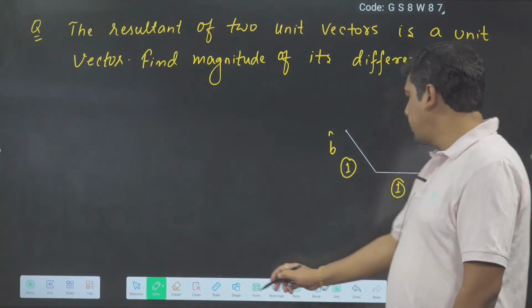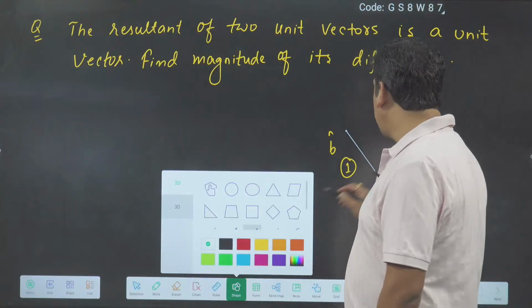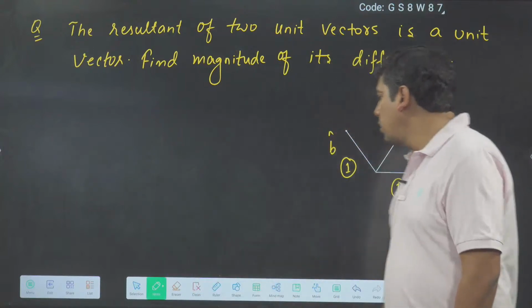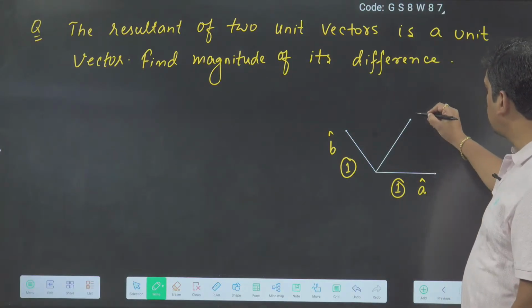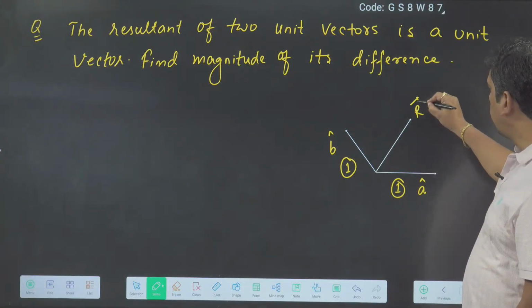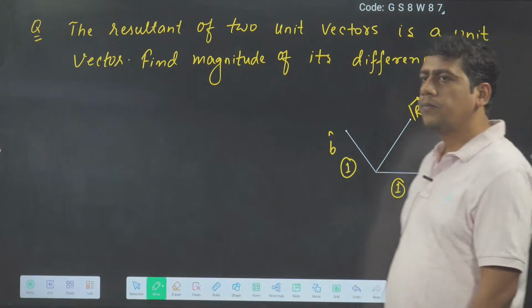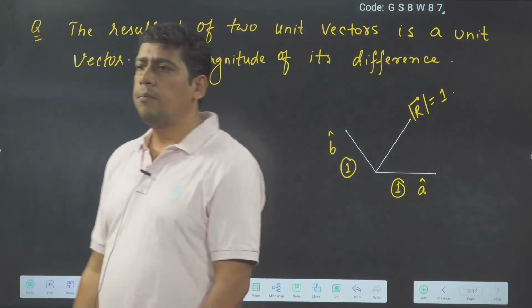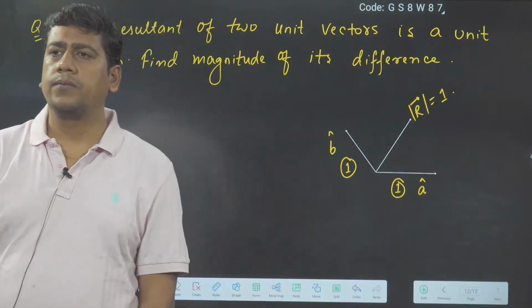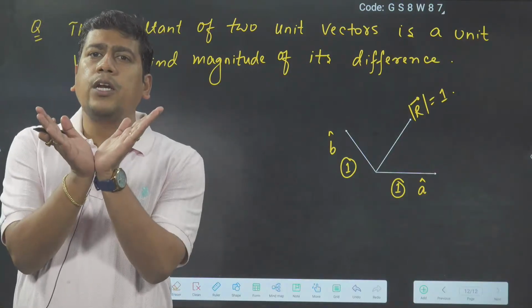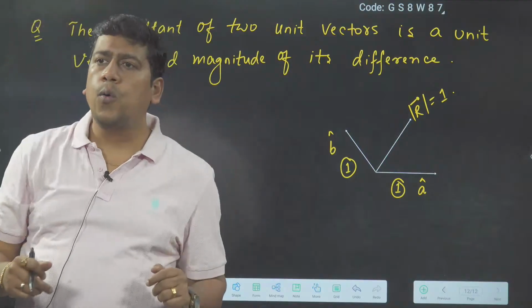And the resultant will be somewhere in between. So this is the resultant. They are saying this is also a unit vector, meaning its magnitude is also 1. The vectors which you are adding have magnitude 1 and the resultant is also 1.